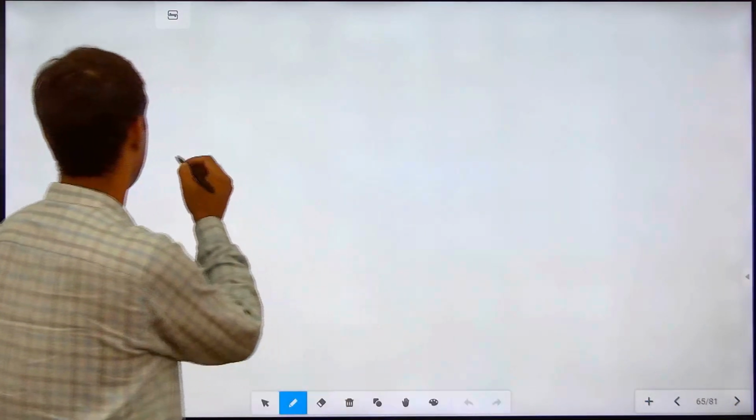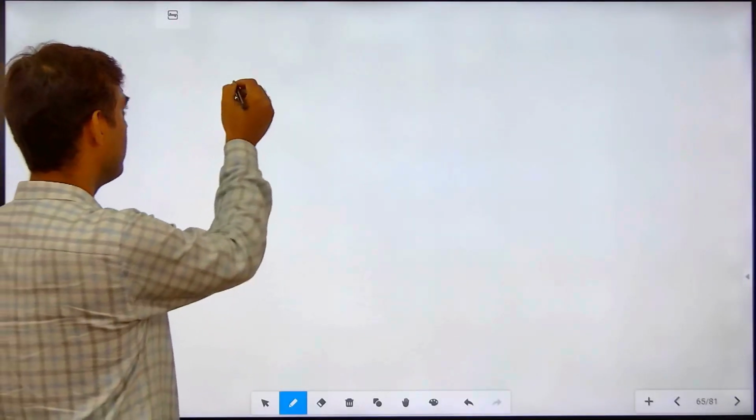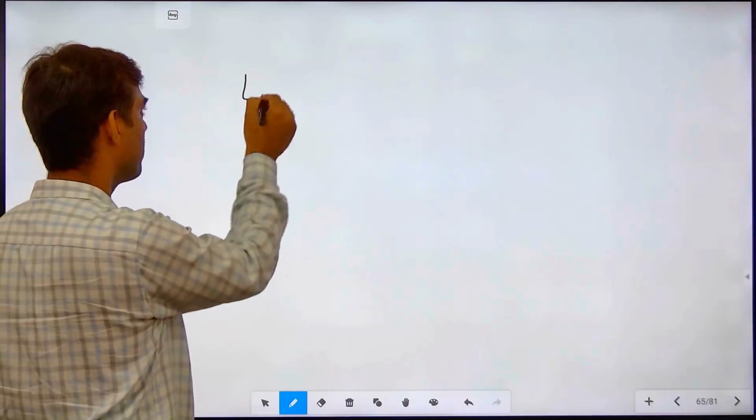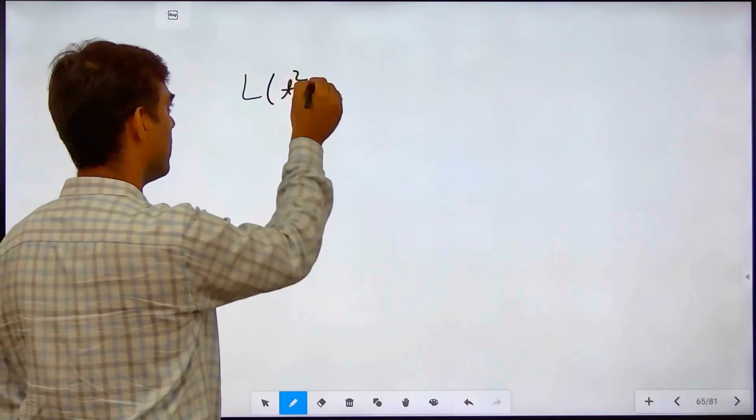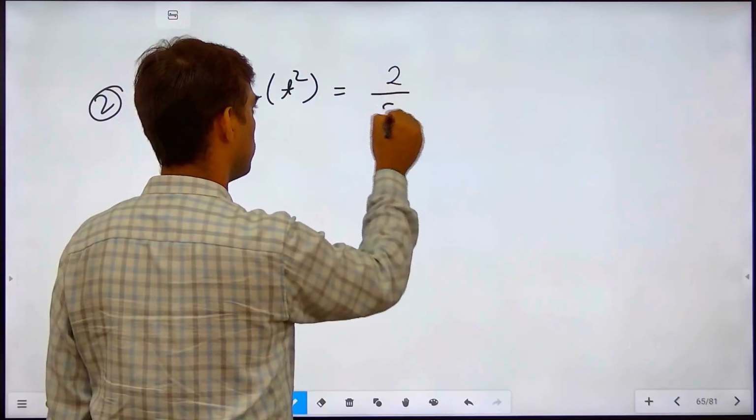Now how do we solve the second problem? What is given? Given is the Laplace transform of t square equal to 2 upon s cube.